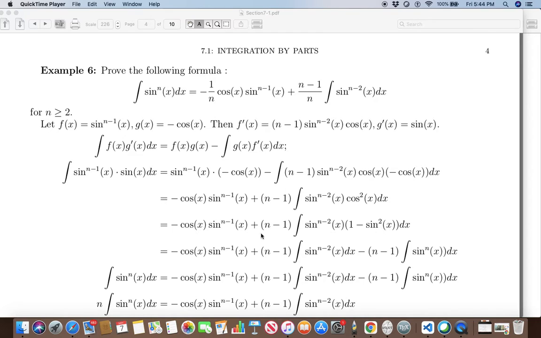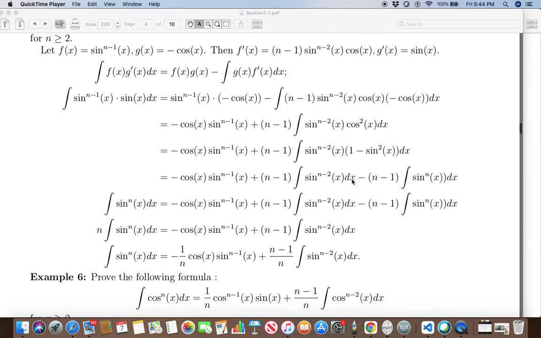Alright. So all of this is the same as before, plus n minus 1 times the integral of sine power n minus 2 x times 1 minus sine squared. Distribute this product. You get the integral of sine n minus 2 minus sine n minus 2 times sine squared, that is sine power n all over again, with a coefficient of n minus 1.